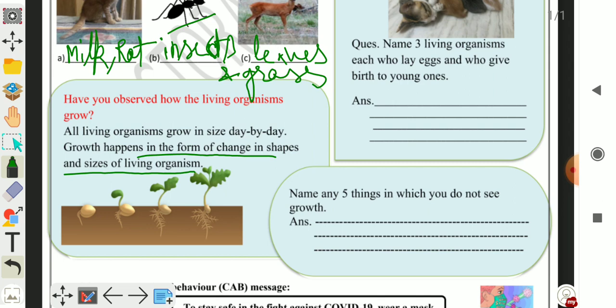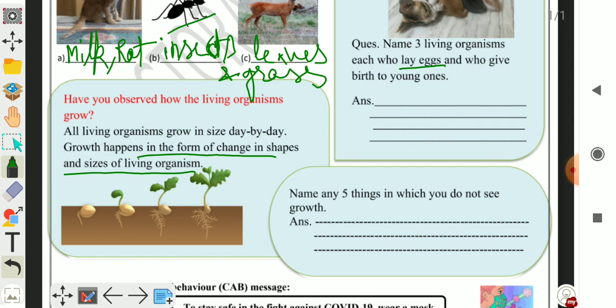Question number 2. Name 3 living organisms each, who lay eggs and who give birth to young ones. For lay eggs, you can write the name of birds. All birds lay eggs, like hen, pigeon, parrot, etc. Also, you can write frog, toad.